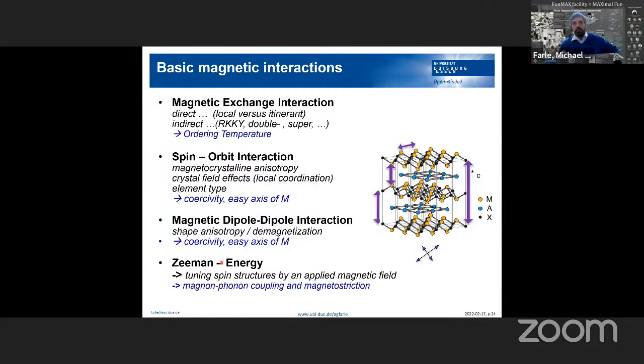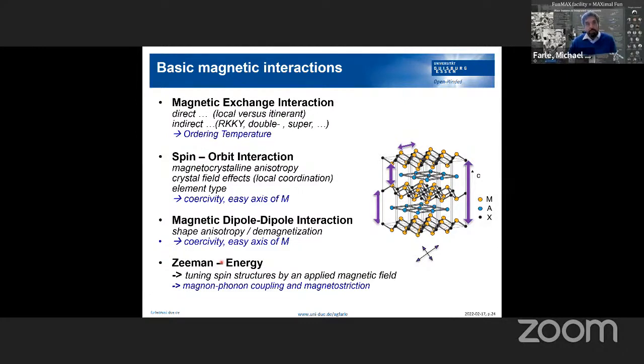So this way you can break down all these new interactions, which are certainly well described, into these four basic contributions to what makes a magnet, or what causes collinearities or non-collinearities in a ferromagnet, in a ferrimagnet, or in an antiferromagnet.